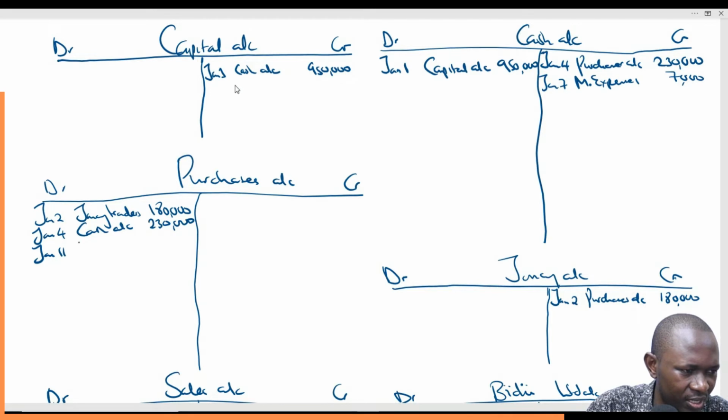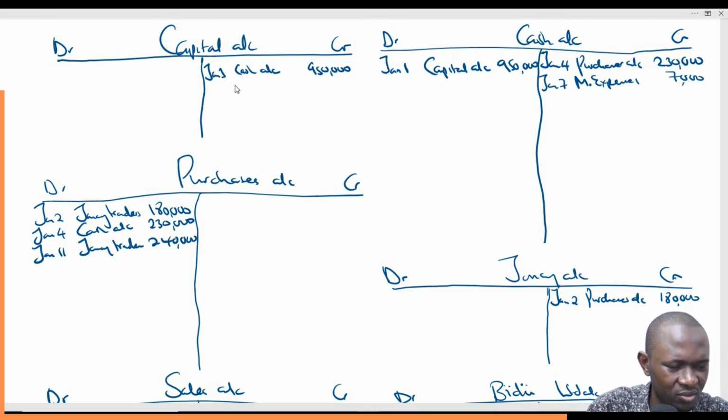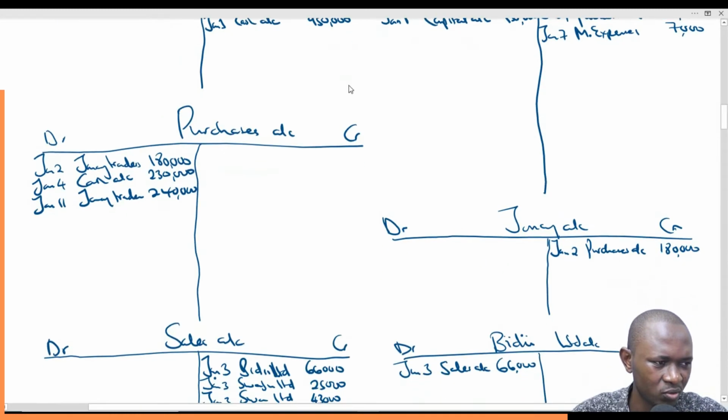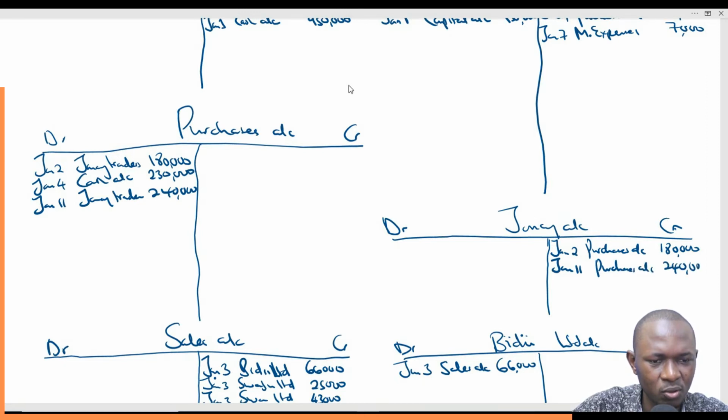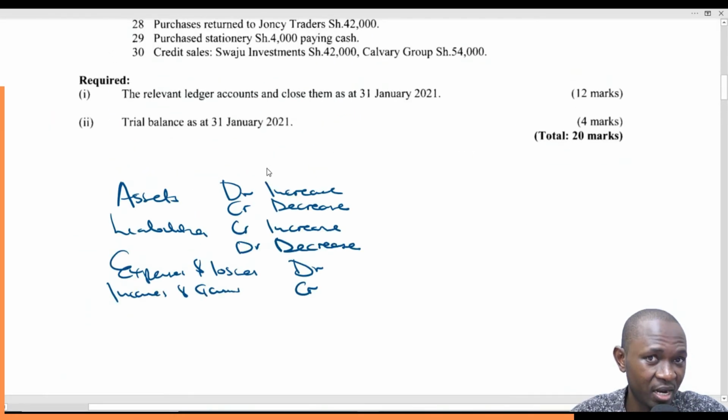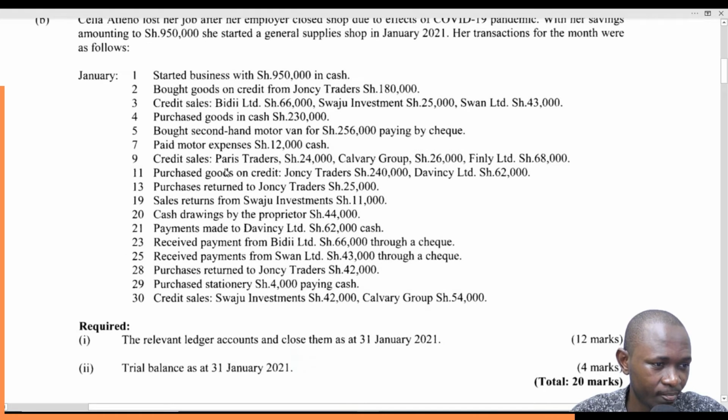But we already have Johnson Traders, so we simply go back to Johnson Traders account and update that. So January 11th, we say purchases, account from Johnson. How much? 240,000. We need not open another account for Johnson when we already have one.